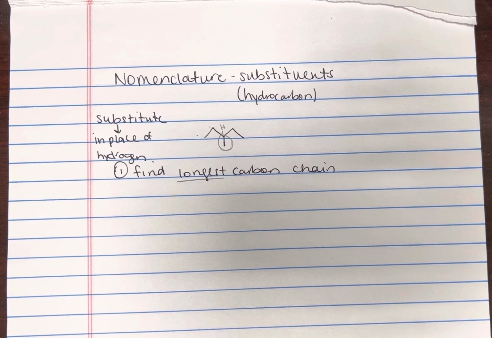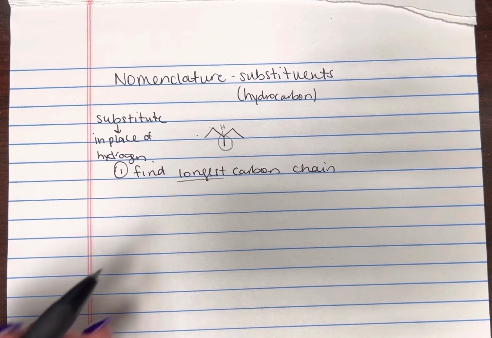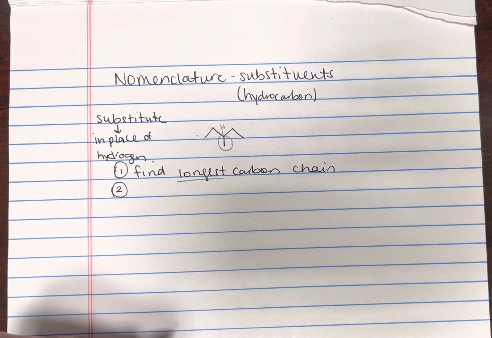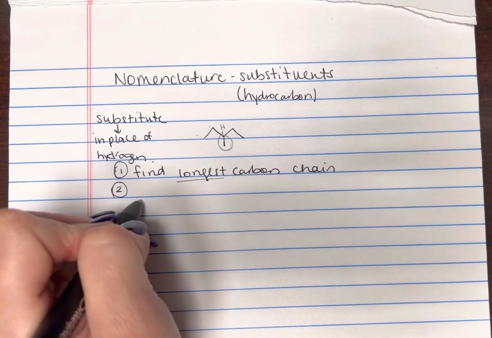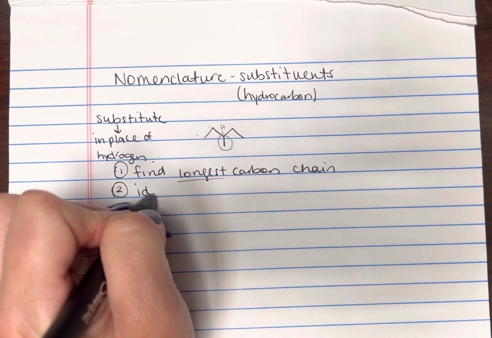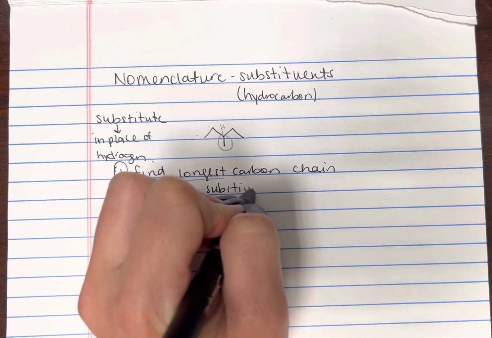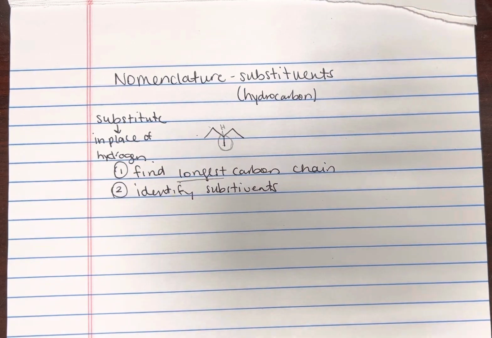But what we're going to do then is identify our substituents. And right now it's probably easiest if you do what I did and you circle them.